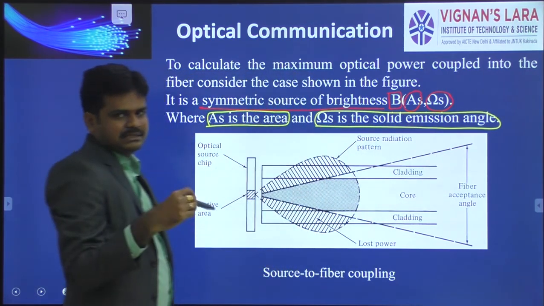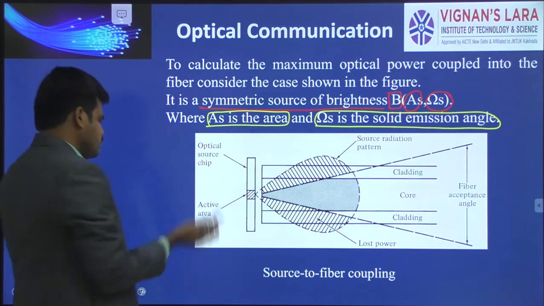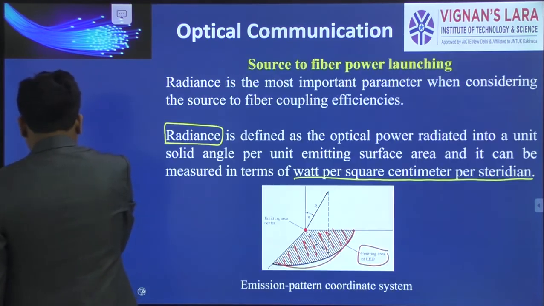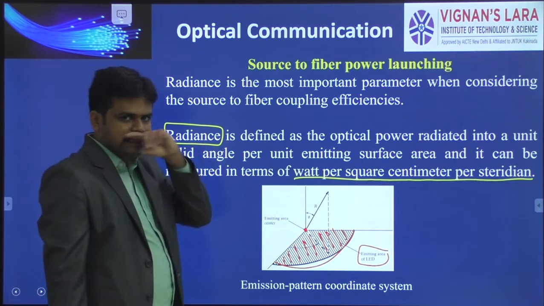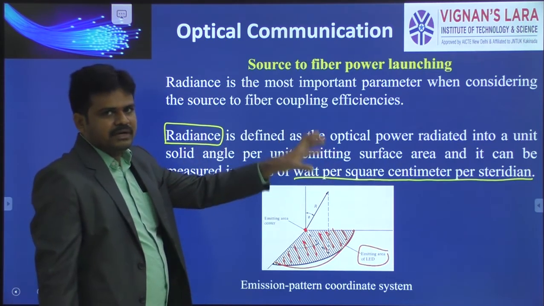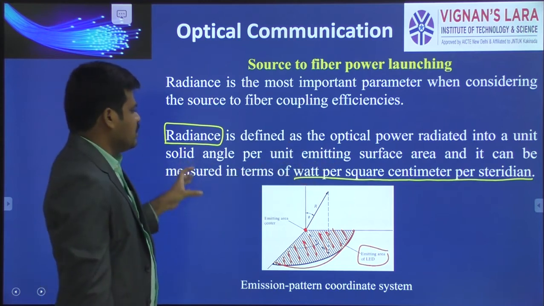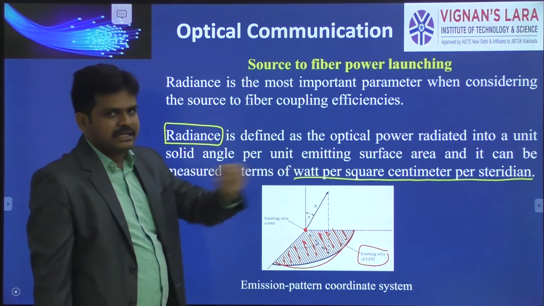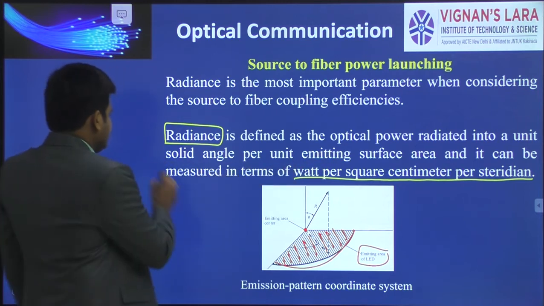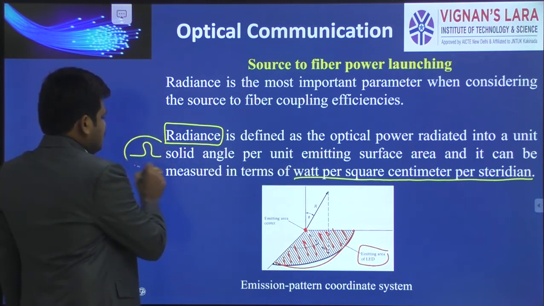Why these two are considered actually? If you go back, the radiance or brightness is defined as optical power radiated in a unit solid angle per unit emitting surface area. Unit solid angle means sigma.